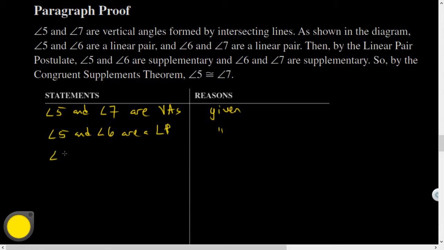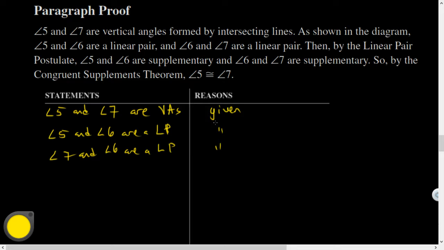And I'll throw in the fact that angle 7 and angle 6 are a linear pair, LP. At least I allow you guys to abbreviate some. Is also given, right? You got me covered. Thanks. You got my back.